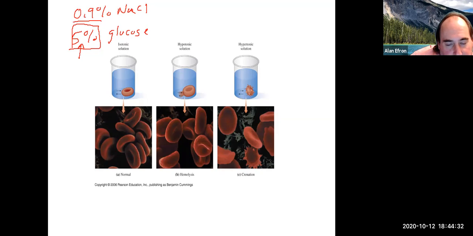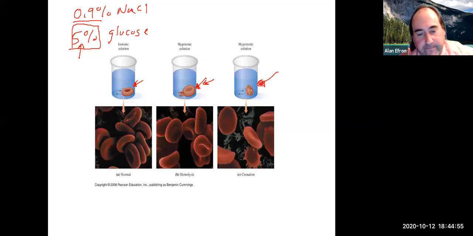Here is our hypotonic solution, water flowing in. We have our jelly donut as it starts to burst. And our hypertonic solution, everything going out of the cell, your donut hole, just in case you want to relate it to donuts. Regular donut, jelly donut, and donut hole in terms of what's happening there with our cells.